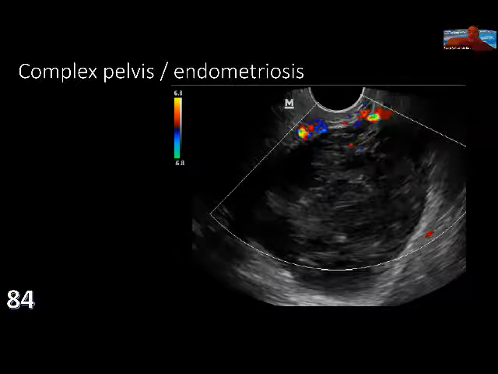endometriosis. Okay. Whenever you don't know what's going on, you have to consider endometriosis, pelvic inflammatory disease, ectopic pregnancy. Whenever you don't really know what's going on, it can be one of the 3 mimickers.